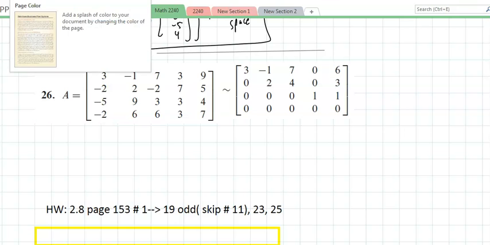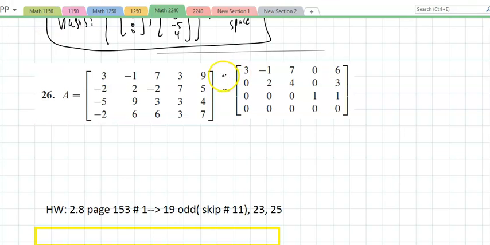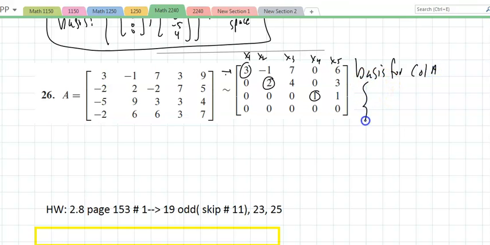Same deal on 26. They give us A and they tell us how this works. Well, let's see. Pivots. x1, x2, x3, x4, x5. So the basis for the column space of A would be the original 3, negative 2, negative 5, negative 2.